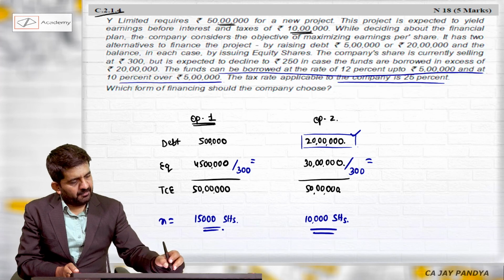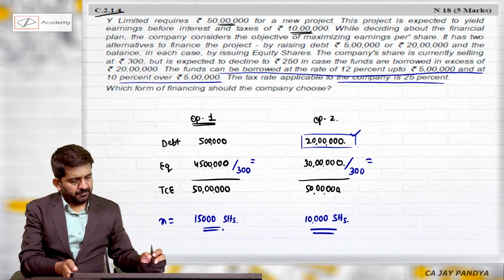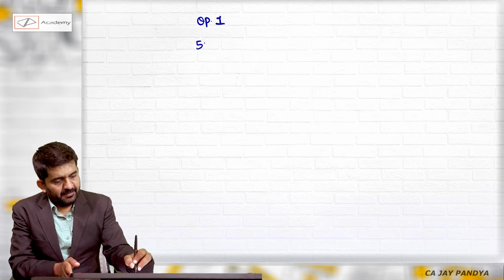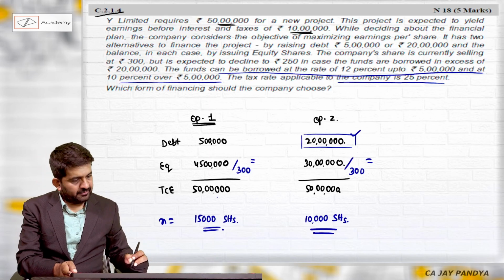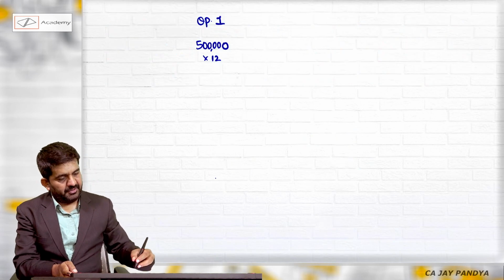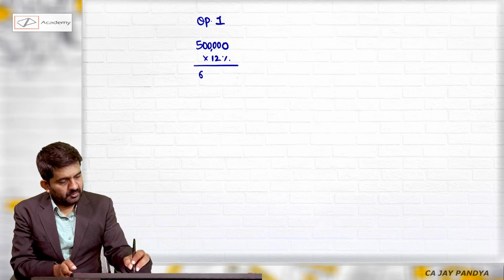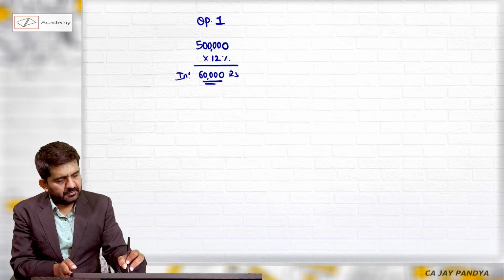The funds can be borrowed at the rate of 12% up to 5 lakhs. In option 1, I am borrowing 5 lakhs rupees only and I can borrow at 12%, which is 60,000 rupees interest.